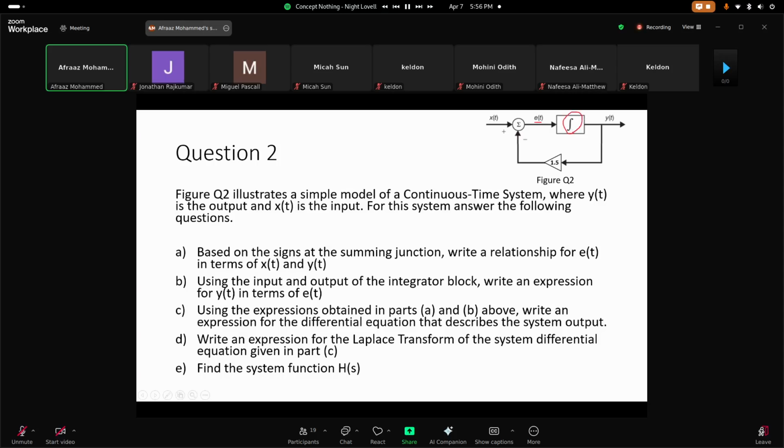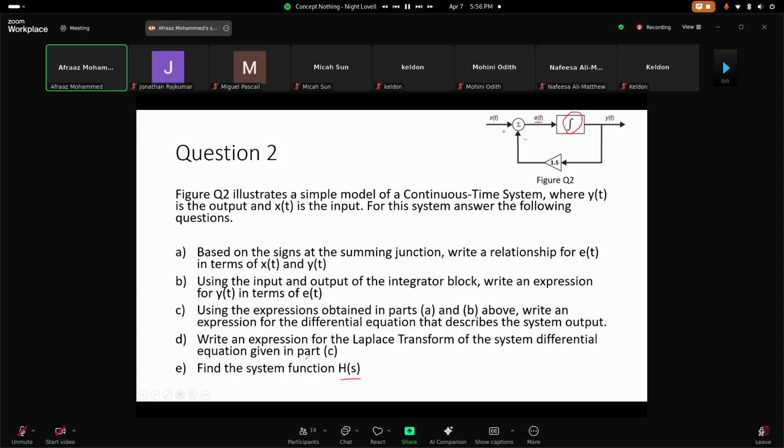Write an expression for y in terms of E. Then, using these expressions, write the differential equation that describes the system output. Using that equation, find the Laplace transform, then the system function H of s. Remember, Laplace is in terms of s.